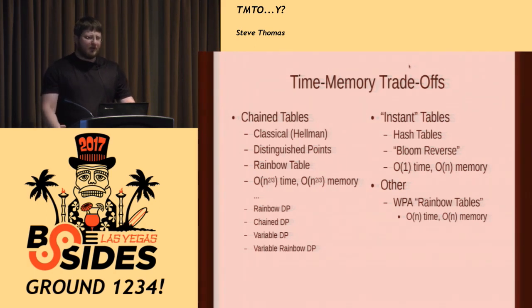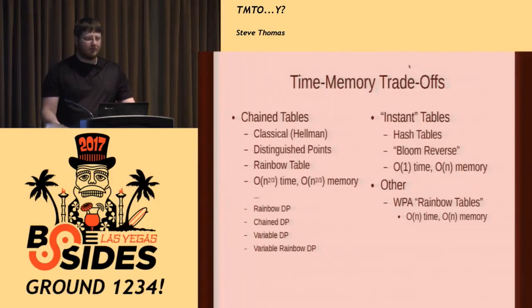So the problem with rainbow tables is they take a while. So if what you need to do is extremely time sensitive, you would want something that does it instantly. This is like 100 milliseconds or something.